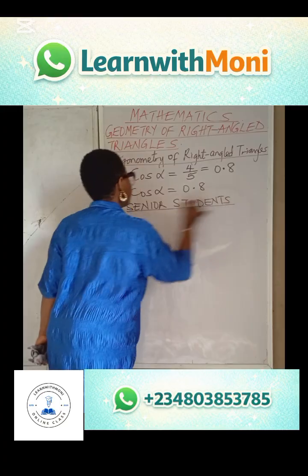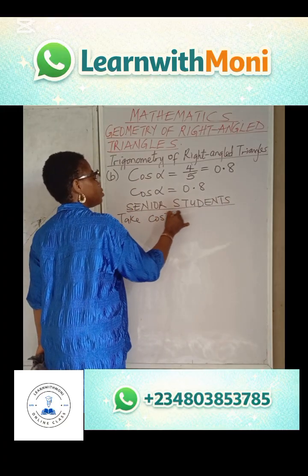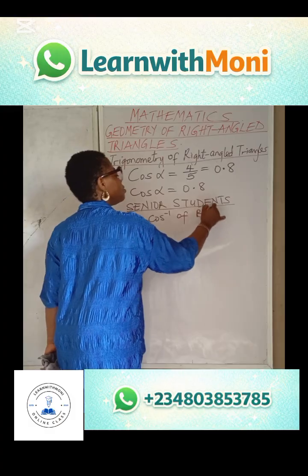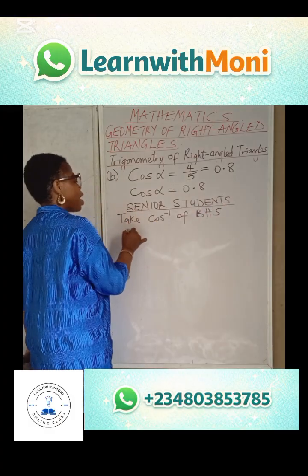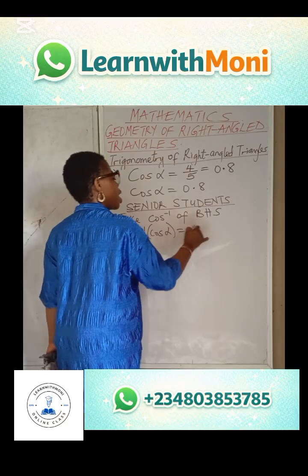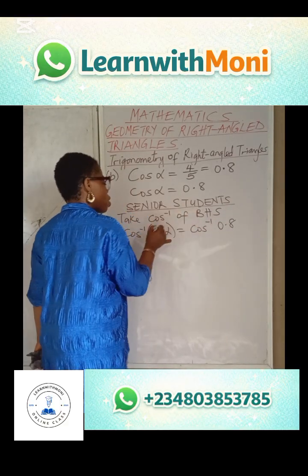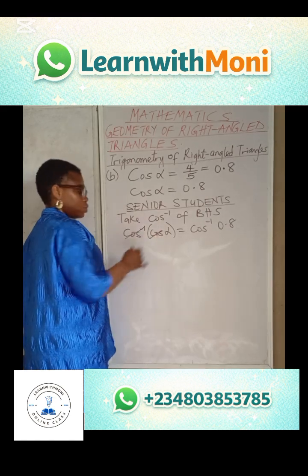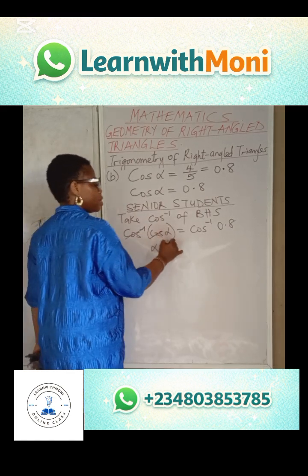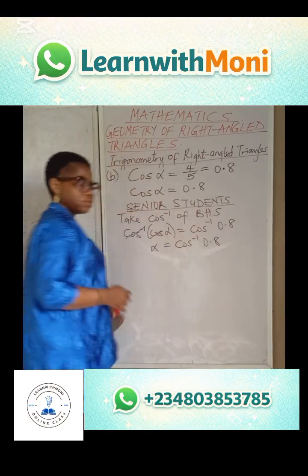Senior students, take arc cos of both sides. So you have arc cos of cos alpha equals arc cos of 0.8. Cos cancels out arc cos. So you have alpha equals arc cos of 0.8.